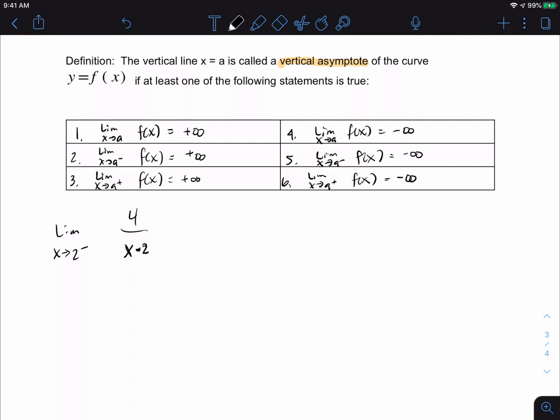Because this is important for you guys to understand. The example that I have here doesn't get to the number over 0. It actually gets to a number over something super, super, super tiny.